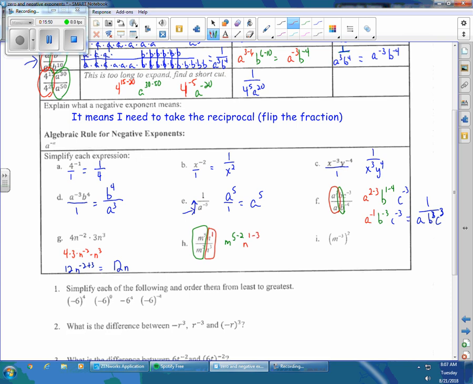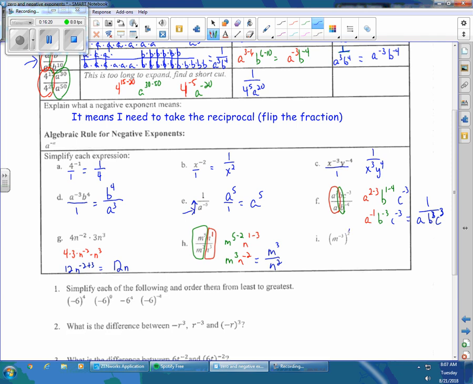Remember, when there's nothing there, there's a 1 there. So m, 5 minus 2, is going to be m to the third power. 1 minus 3 is negative 2. Now if I'm asked to rewrite that with no negatives, my m is going to stay in my numerator, my n is going to go down to my denominator, and my exponent would become positive.